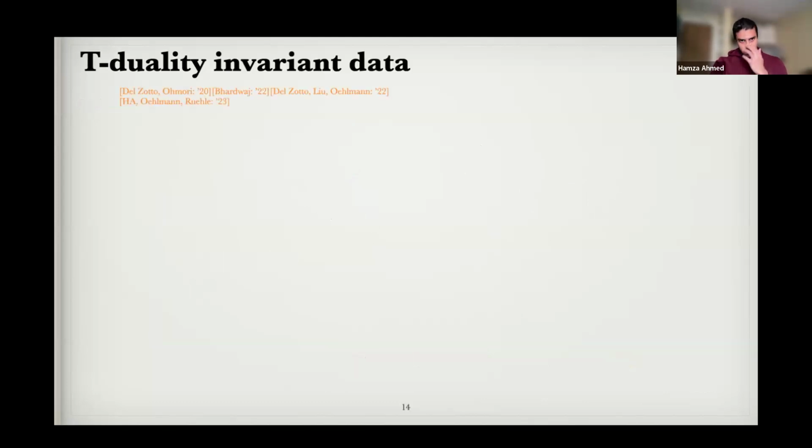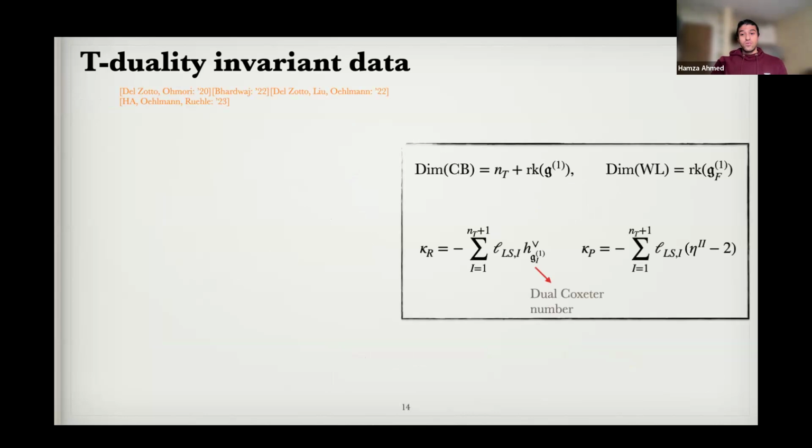As I alluded to in the beginning of the talk, we would like to have certain duality invariant data that we can identify on both sides as necessary conditions for T-duality. Using field theory arguments, you can have these four pieces of data.